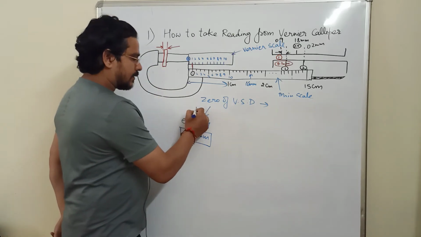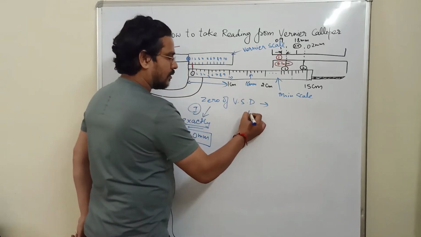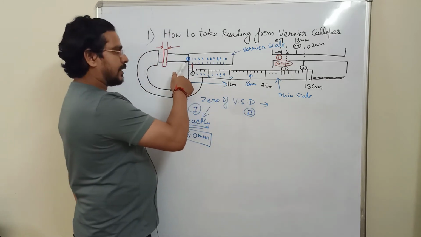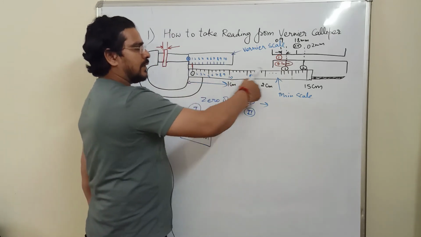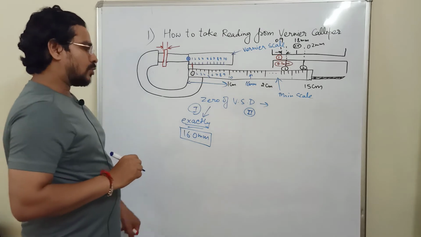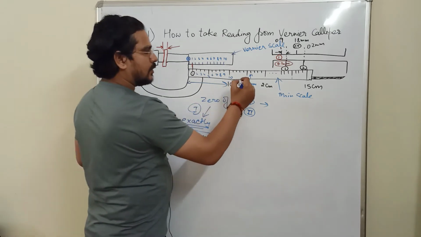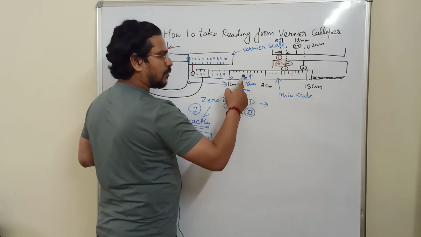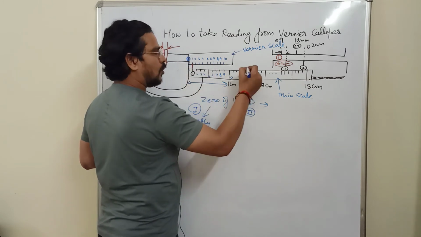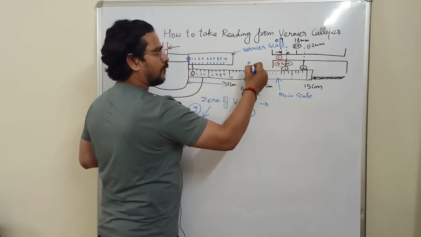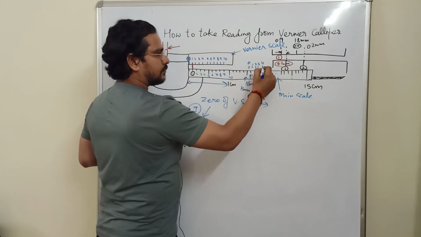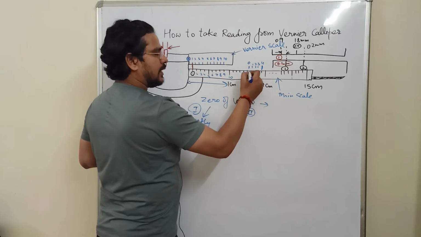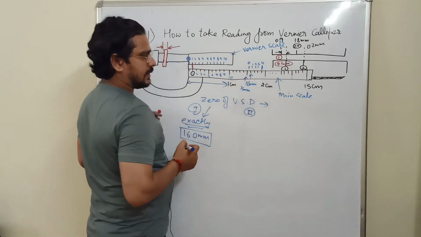The second case which may happen: your 0 of the vernier scale may lie between any two mm readings. So let us say in the second case, your 0 is lying between the 15 mm mark, that is 1.5 centimeters, and the 16 mm mark.